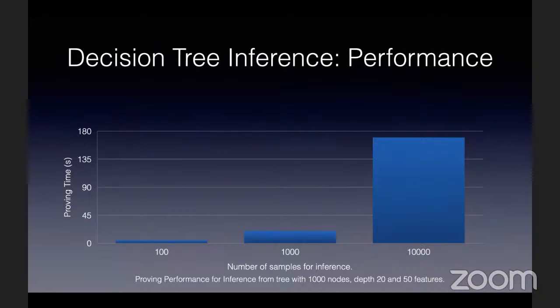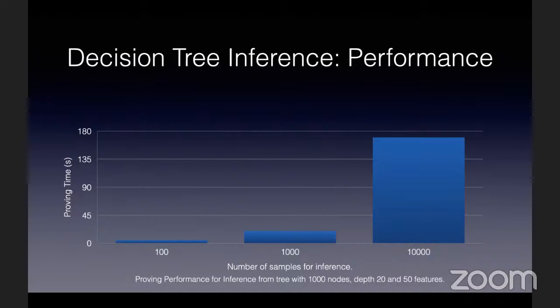These timings are for when the data is public and the predictions are public. What we are trying to show is that they come from a decision tree whose only hash is known. This is inference performance for a decision tree with 1,000 nodes, depth 20 and 50 features.